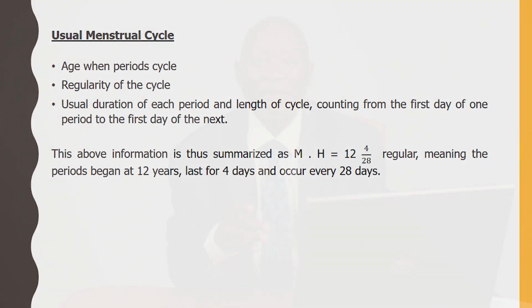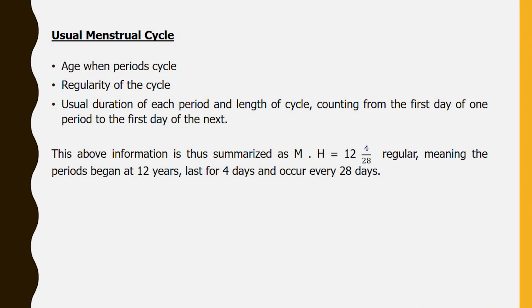The way we summarize this in our writing, we talk of M, menstrual history, 12/4/28. That means she attained menarche, or started to bleed, at 12 years. The duration of the cycle is 28 days and duration of bleeding is 4 days.